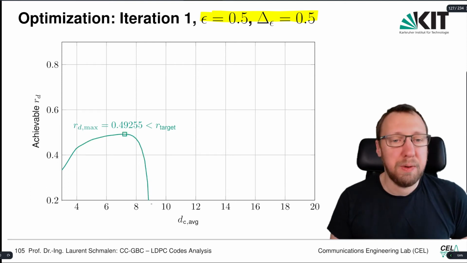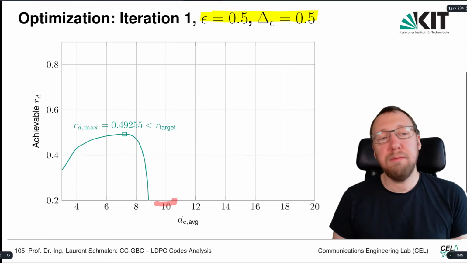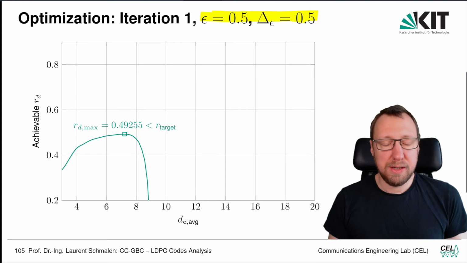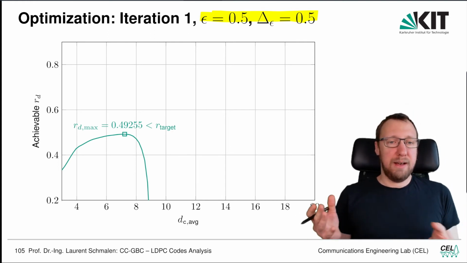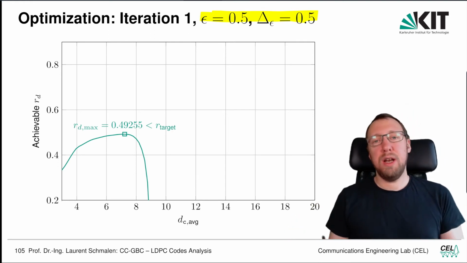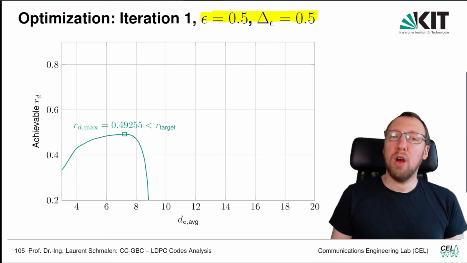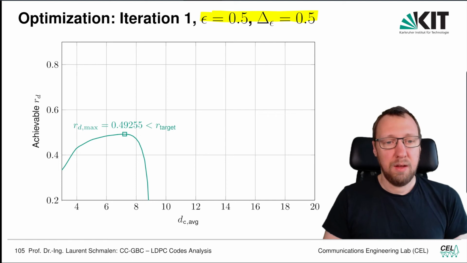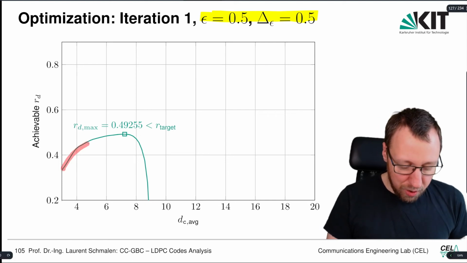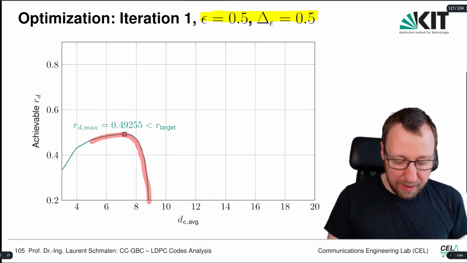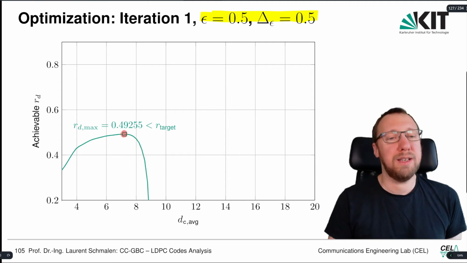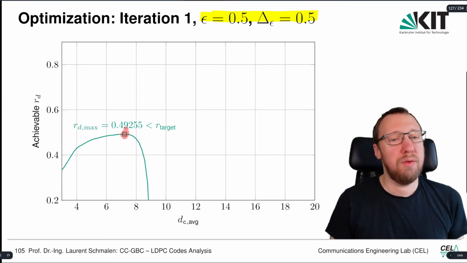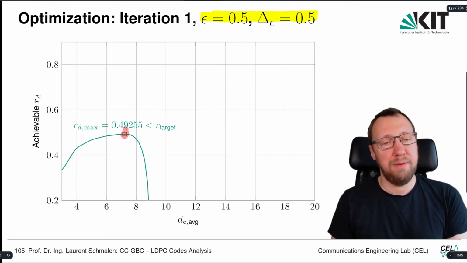If DC average becomes too large, it means we cannot find a suitable code anymore. There is no selection of a DC average that leads to a lambda offset that gives a code that is decodable, that can converge. Now we look at this curve and pick the point with the highest rate. That's marked here by the dot, and that leads to a rate of almost 0.5.